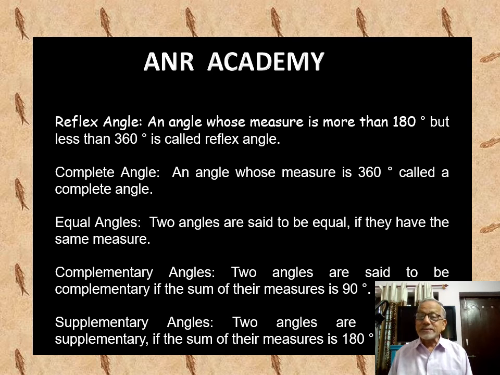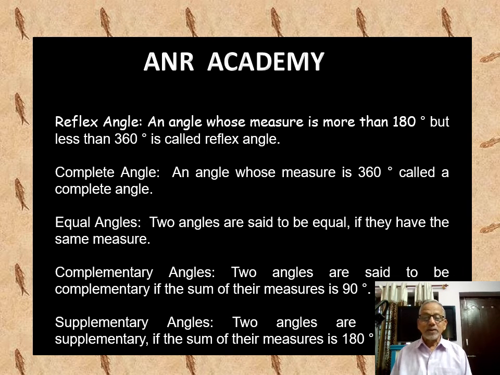Two angles are said to be equal if they have the same measure. When they have the same measure, we call those two angles equal angles.